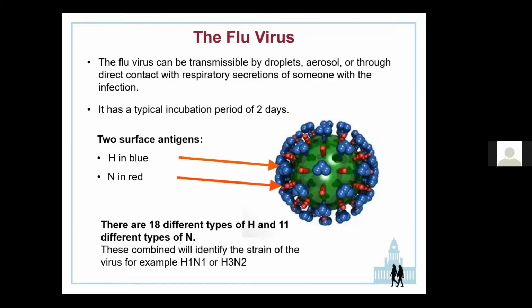There are 18 different types of the H antigen and 11 different types of the N antigen, which combined identify the strain of the virus. For example, you may hear the reference H1N1 or H3N2 to describe a specific strain of flu virus that is circulating.